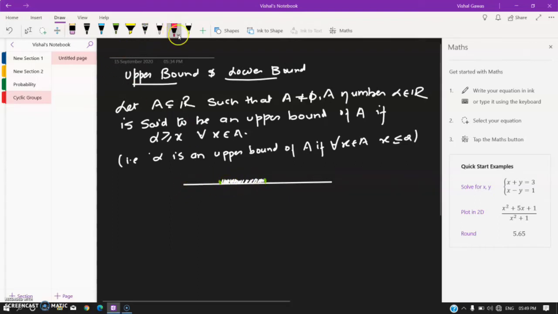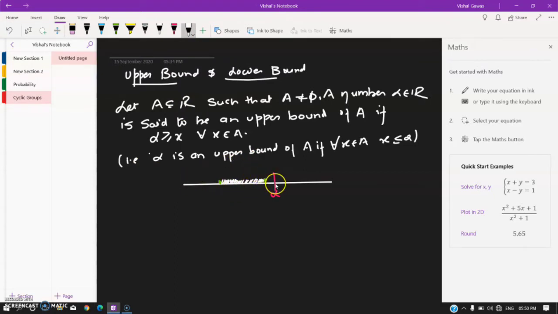Then any number, say alpha, which satisfies this, that means all the numbers here must be less than alpha, would be called an upper bound of the set. Means you must have a real number such that all these numbers are less than alpha.